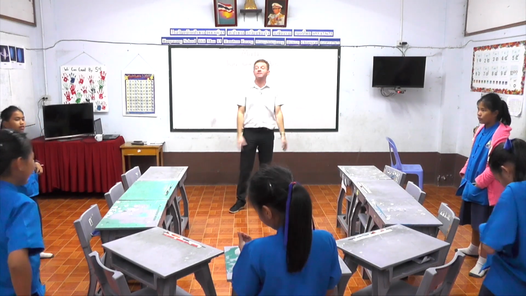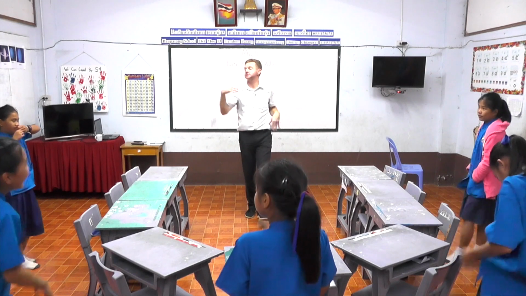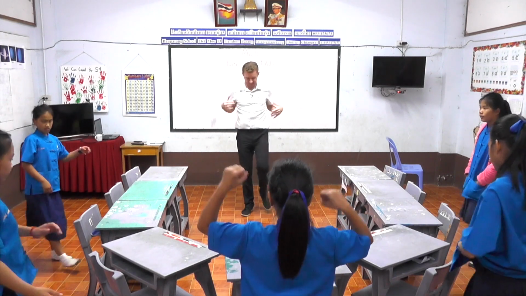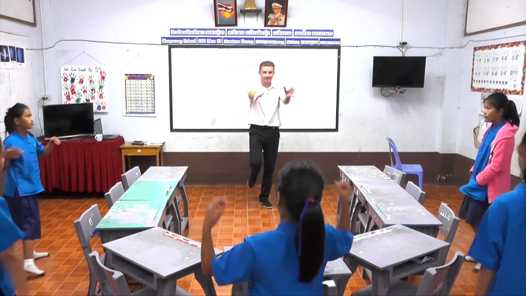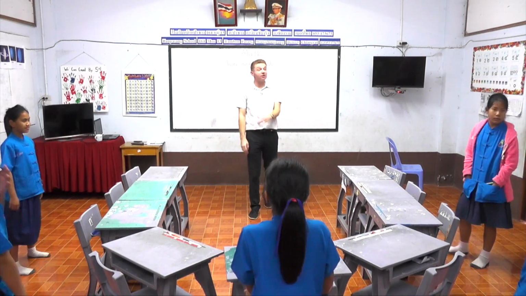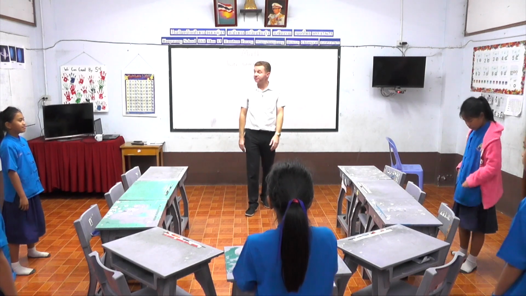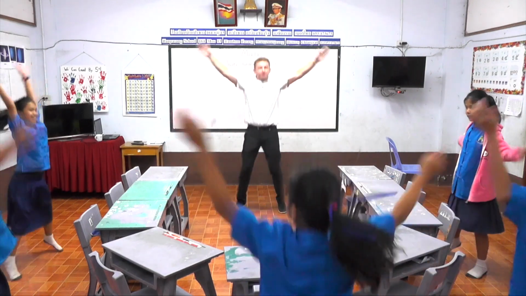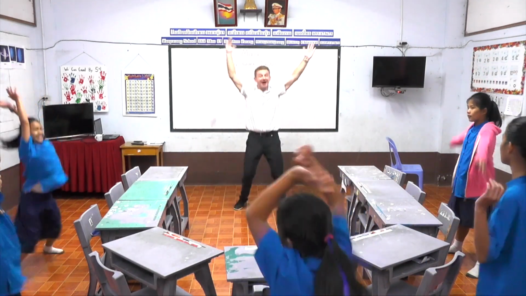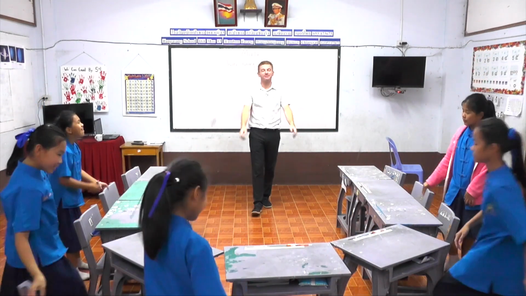And then let's have another shake. Arms and legs. Shake it out. And to finish, we will do 5 star jumps. 1, 2, 3, 4, 5. Excellent, guys. Have a seat.